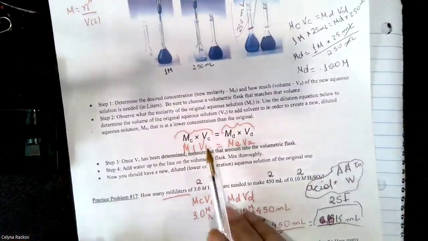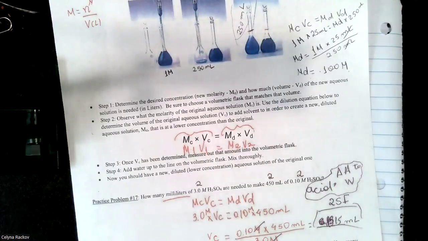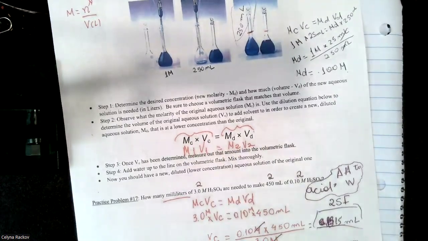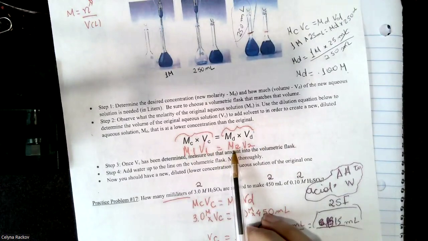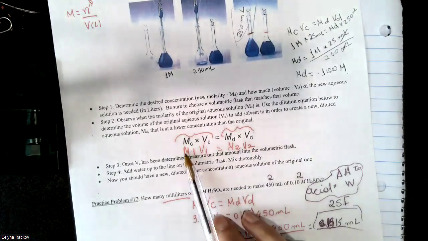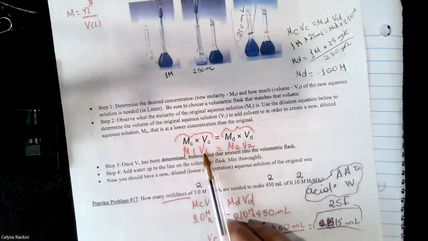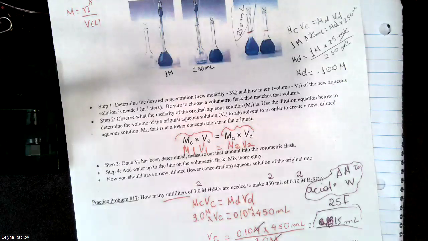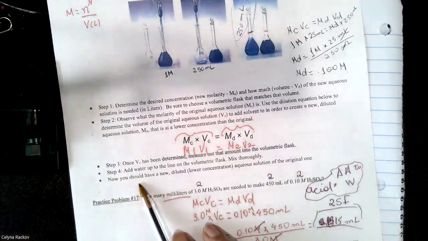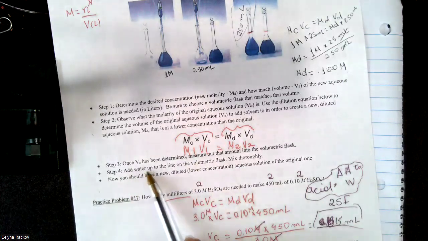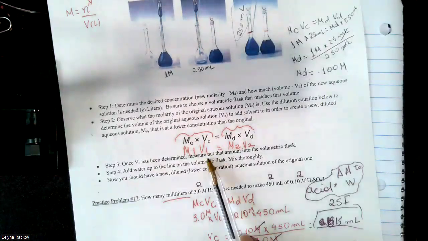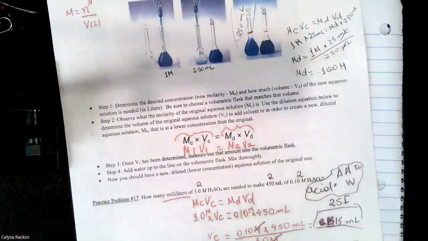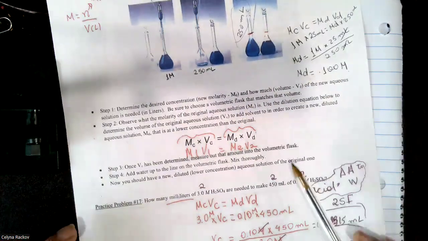The formula to calculate a diluted solution is MCVC equal MDVD, and some books also write M1V1 equal M2V2, where 1 is initial and 2 is final. After you add the water up to the line, mix thoroughly. Then you have your new solution.